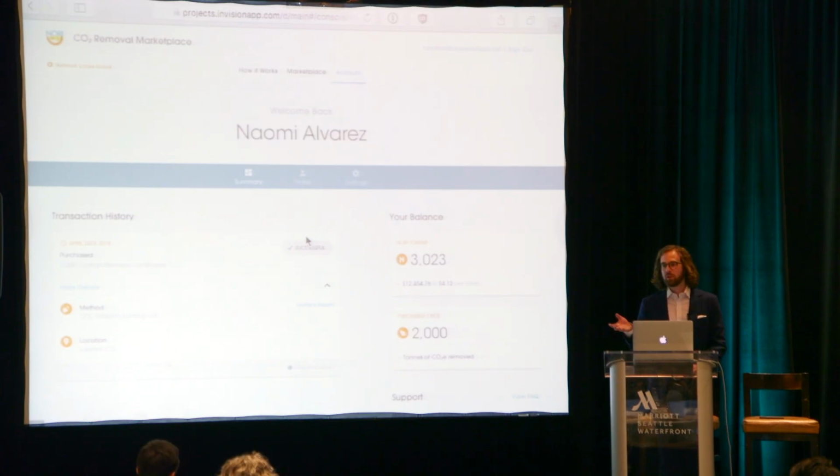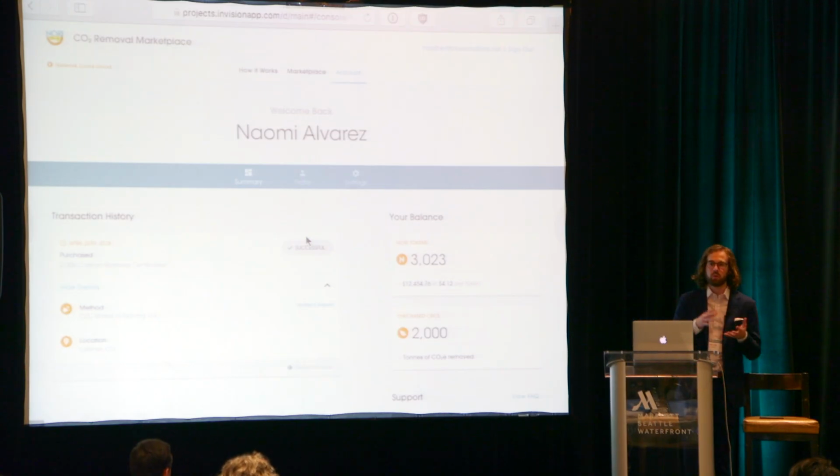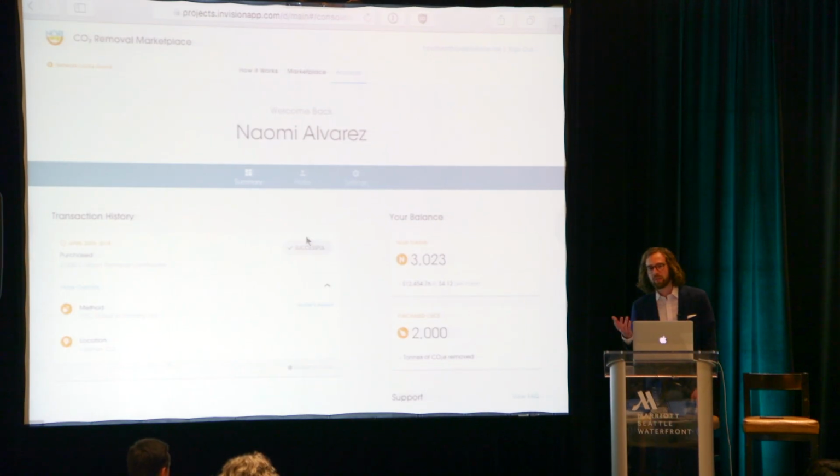So if you're a buyer and you're buying 10 CRCs, you're going to pay 10 Nori tokens plus some small amount more that represents the transaction fee that we're taking. So part of that transaction fee will be put into this reserve pool so that we're continuously replenishing that as it's needed.